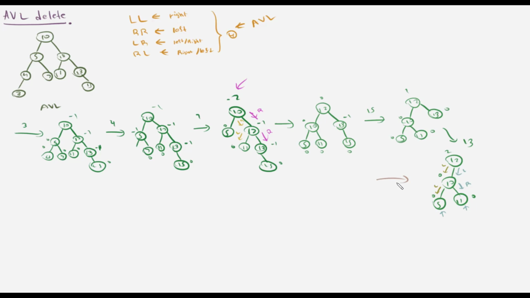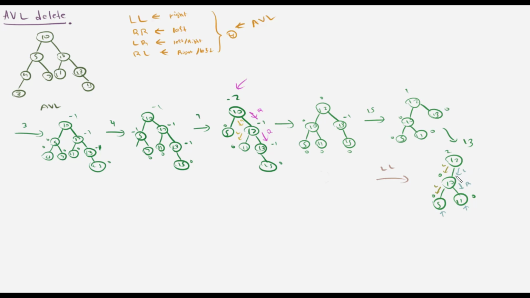Suppose I take the left case as a valid case. If I choose the left case, I must perform a right rotation, right? So let me draw my tree again, or maybe let me erase this. So if I choose the left case, I must perform a right rotation over this 12.